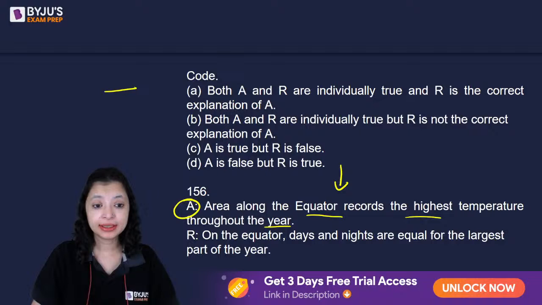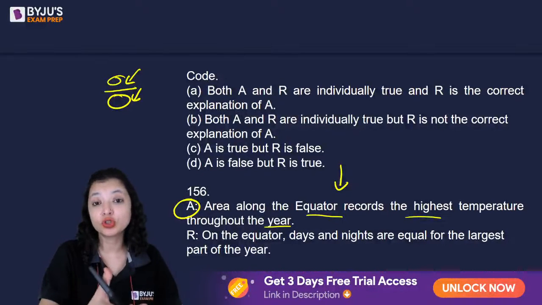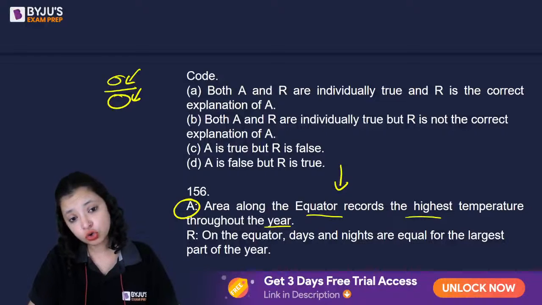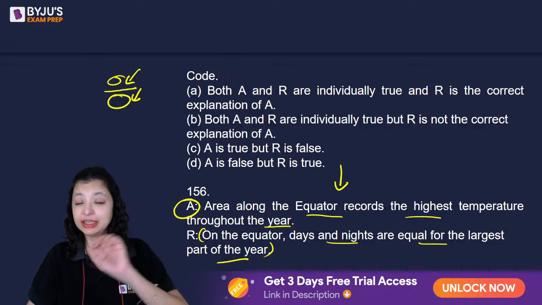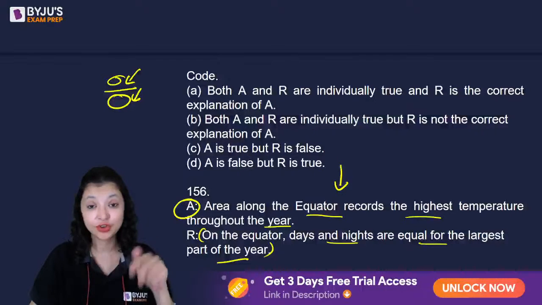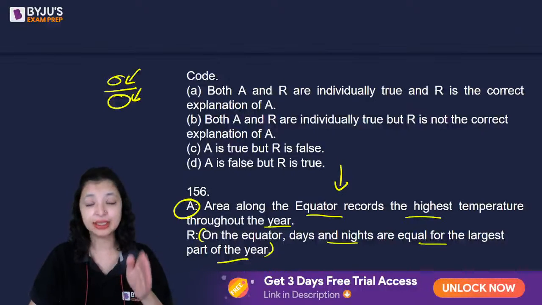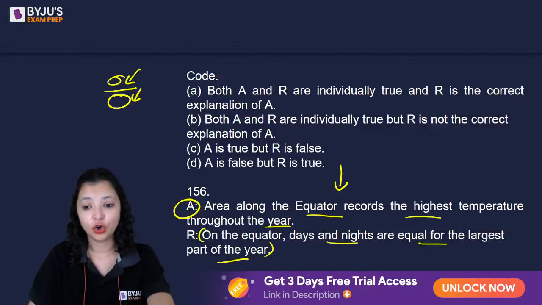So equator के surrounding जो countries हैं, because direct sunlight बिल्कुल directly fall करती है, it makes those areas warmer. This also could be a reason why days and nights are equal for the largest part of the year.